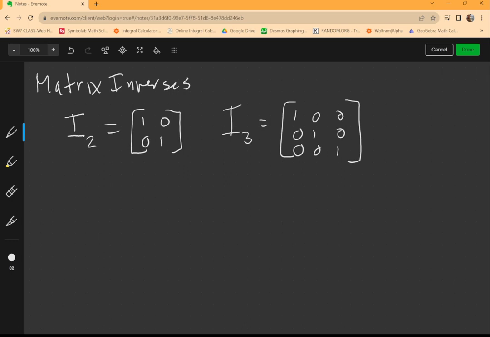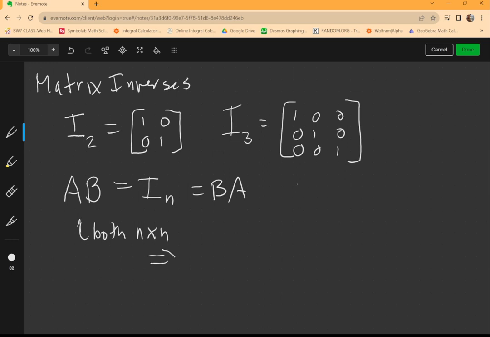So when I say a matrix inverse, what I mean is if I have this matrix A, and not all matrices have inverses, but if there exists some matrix B where A times B is I sub n, where A and B, since they're square, are both n by n, and also the product of B times A, because as we've seen, that's not always the same product, but if they're both equivalent to I sub n, then we say B is the inverse of A.